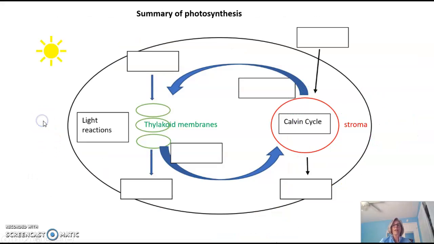So if we look at a summary of photosynthesis, we have the light reactions, where light hits the photosystem in the thylakoid membranes and water comes in. What is released from the light-dependent reactions is oxygen as a waste product, and ATP and electrons being held onto by NADPH.